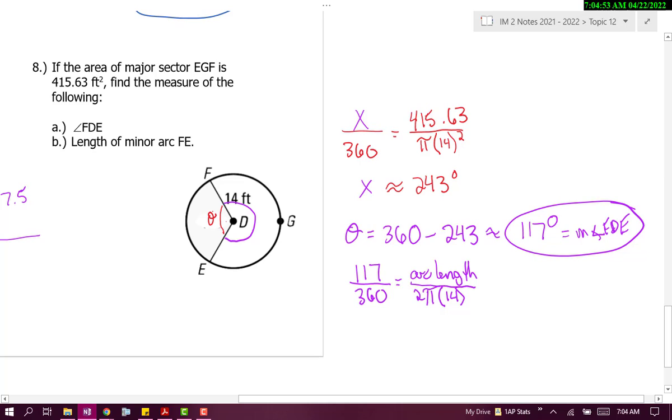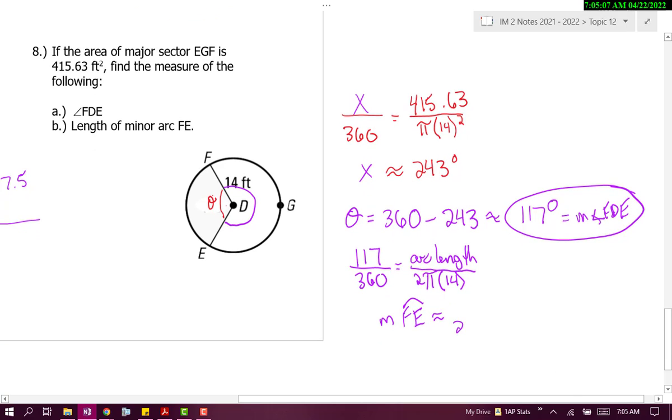So when we multiply and divide by 360, we get that the measure of arc FE, or our arc length, is approximately 28.59 feet. And it's not squared because it's not area. It's just linear units. And that's how you do what we're talking about.